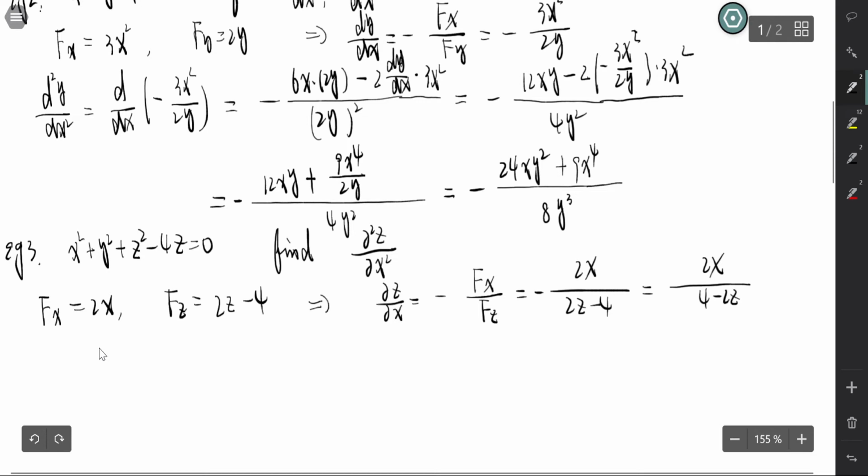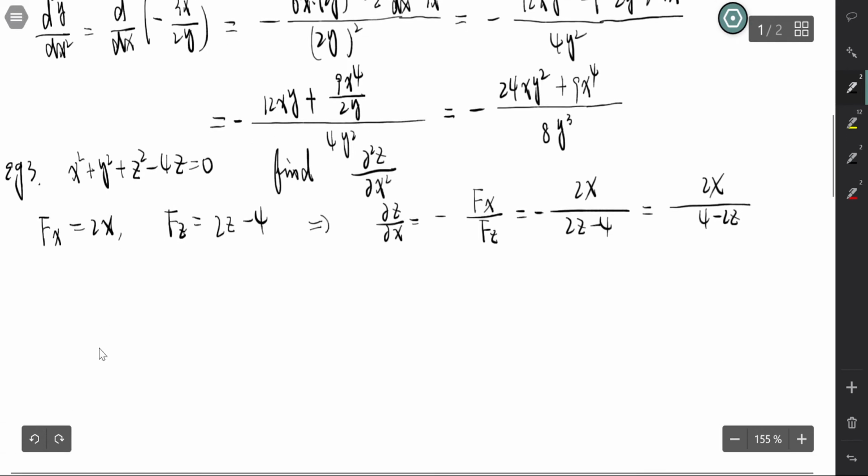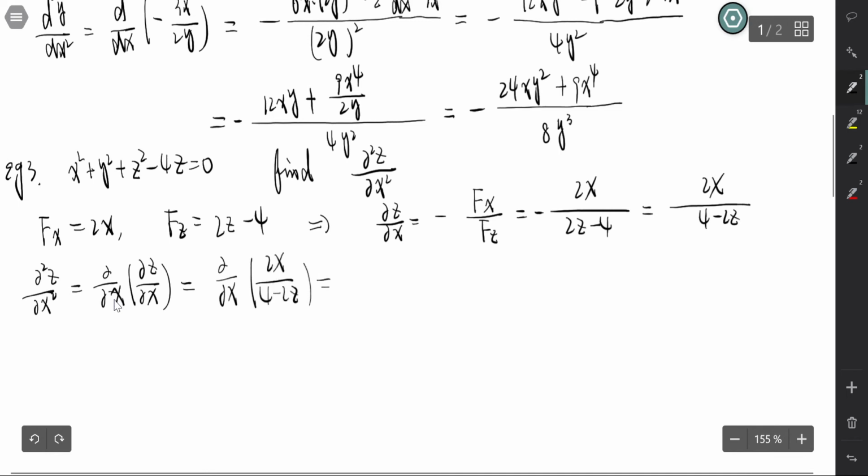And for the second derivative, we just take the derivative again with respect to x. That is partial x of 2x over (4 minus 2z). Use the quotient rule.